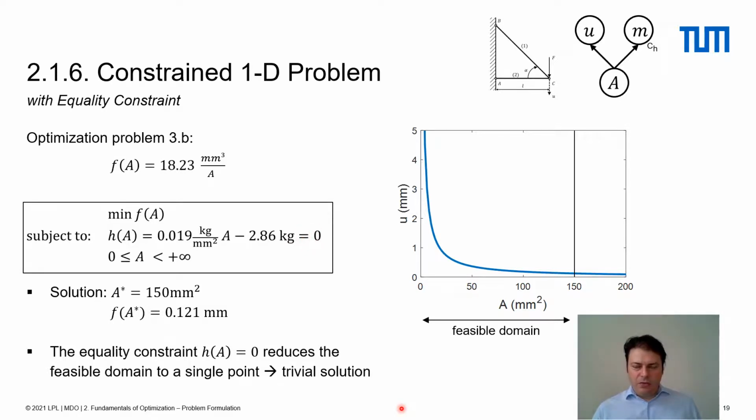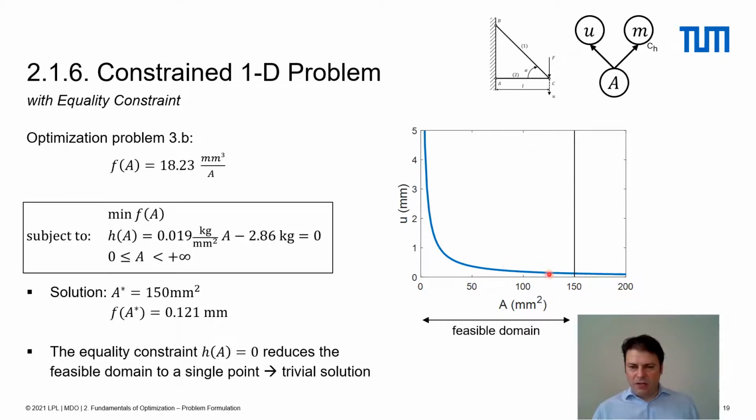The solution that we encounter is trivial, but I'd like to go through it anyway, for the reason to be complete, and also so that you can follow the arguments and the language that we're using here. Essentially what we are saying is, please find the smallest possible displacement value by varying A, subject to the constraint that A should be equal to 150 square millimeters.